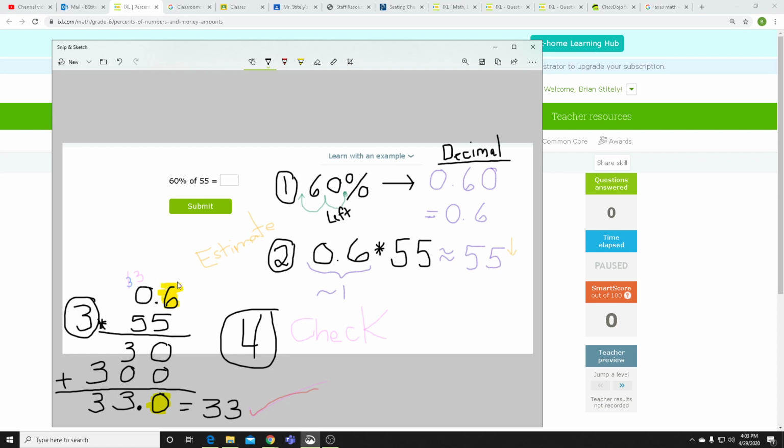There was only the 6 to the right of the decimal. So that means we're only going to have one digit to the right of the decimal in our final answer. So there's one decimal here, so there's one decimal here. The decimal must be to the left of the 0, so this must be 33. And then we checked with our estimate and said that was reasonable.